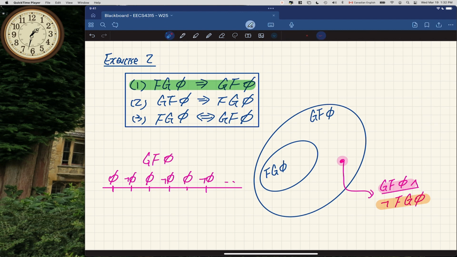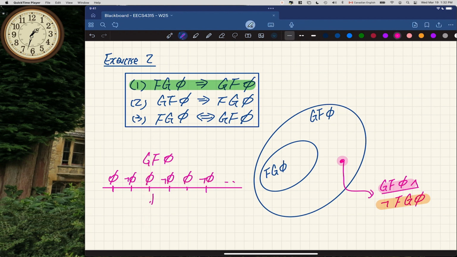We say that infinitely often phi is satisfied. It doesn't need to be continuous. But does there exist any future state that is globally true? Not really, because for any future state you choose, either the next state or the one after will fail, since we assume alternating satisfaction.